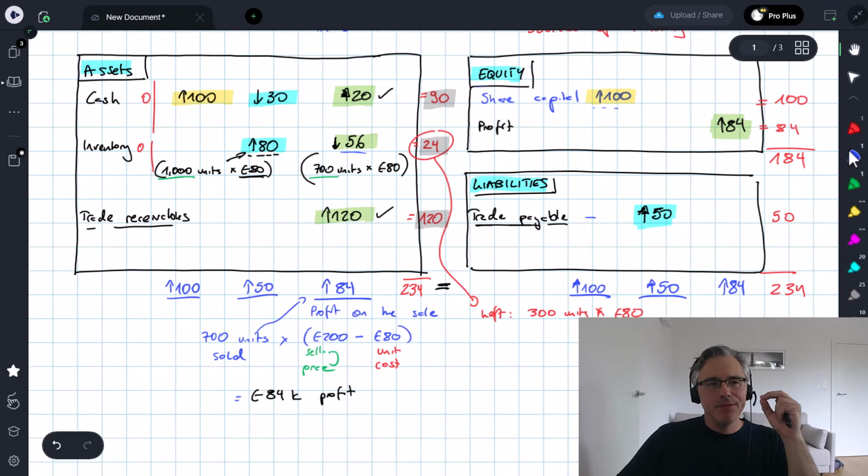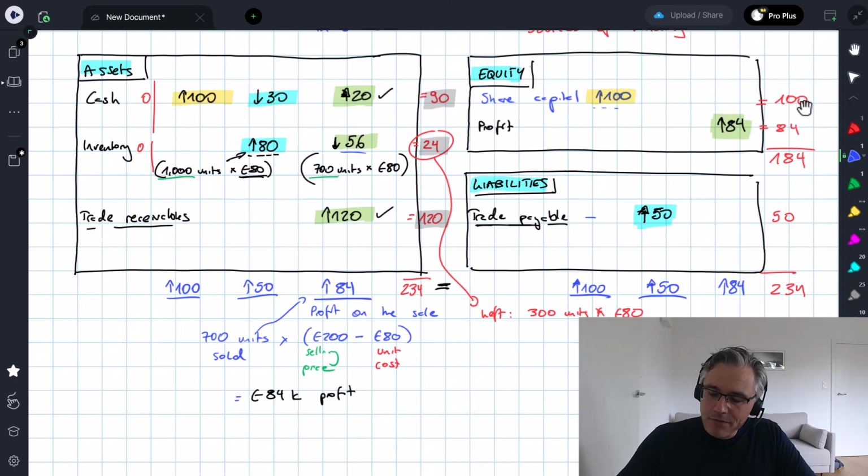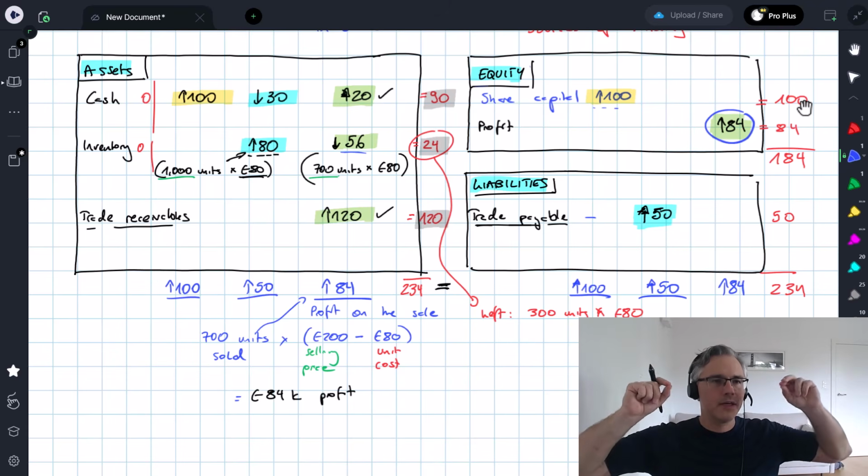Now many people don't really get this, but the income statement is all about providing a more proper, analytical, detailed explanation of the profit figure that we will nevertheless see when we look at the balance sheet. So this is the big point.